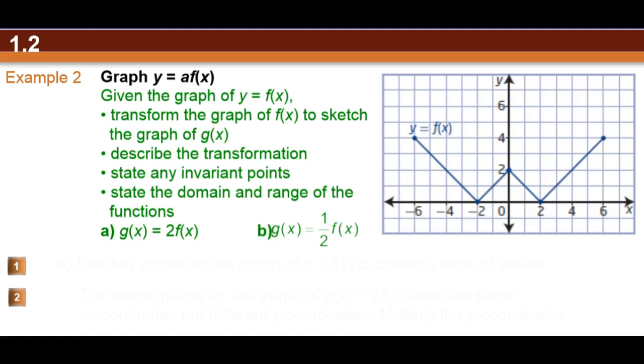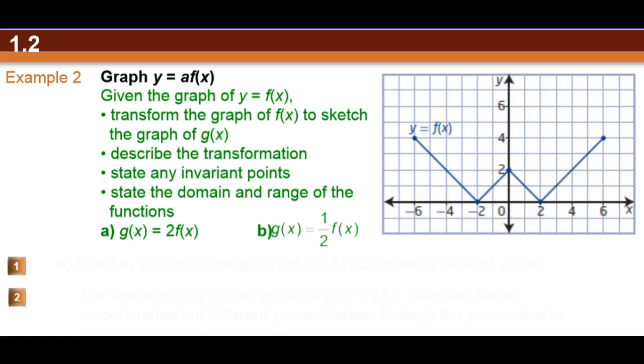In this question, we have g of x is equal to f of x. What do we call that? A vertical stretch of 2, right? That just means all our y values are going to multiply by 2.